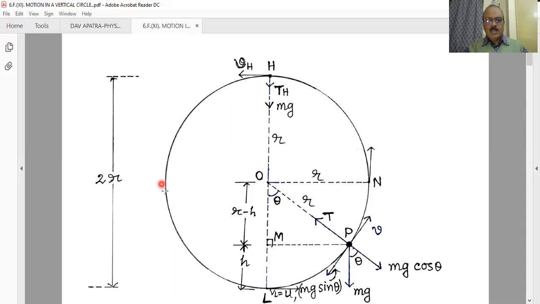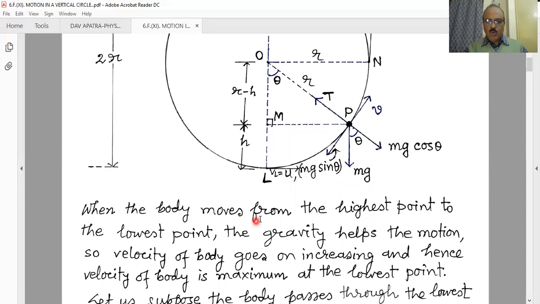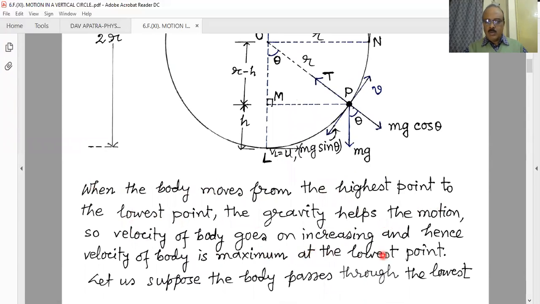You can say that it is a non-uniform circular motion; we are studying the dynamics of non-uniform circular motion. Now, when the body moves from the highest point to the lowest point, gravity helps the motion. So the velocity of the body goes on increasing, and hence the velocity of the body is maximum at the lowest point.